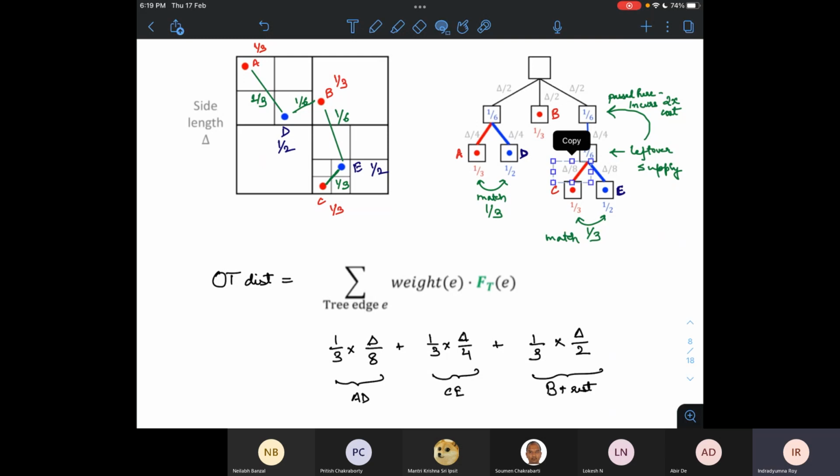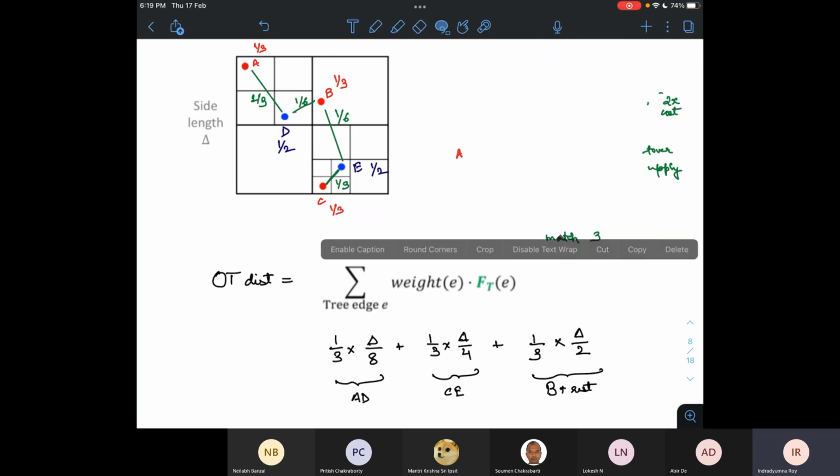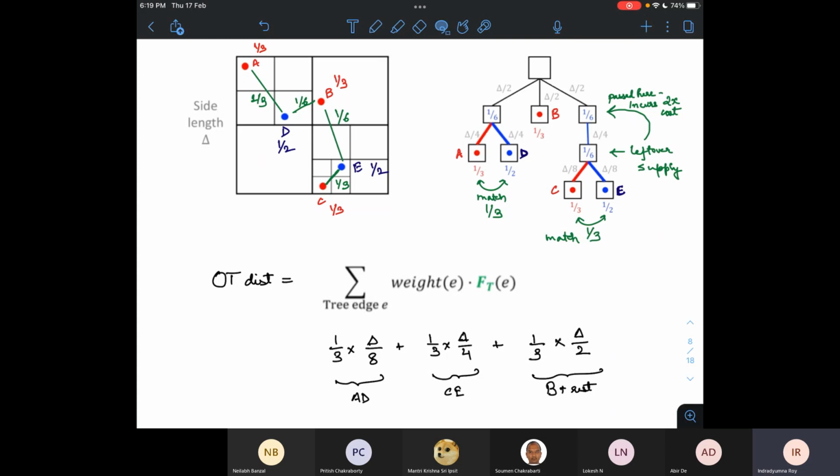So here, since 1/3 mass is being matched with delta by 8 cost, you multiply that here. And then since 1/3 mass is being matched here with delta by 4 cost, you multiply that here. And since the remaining is matched here, you multiply that. And this gives you the OT distance in the tree metric.